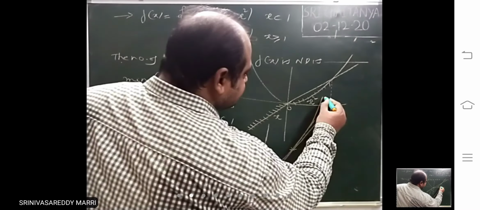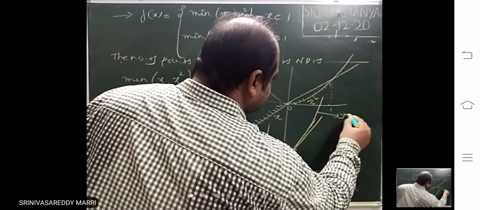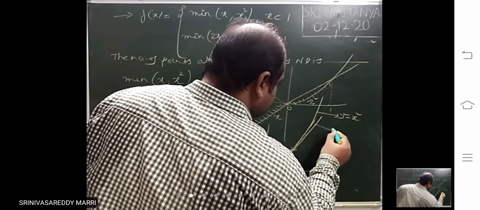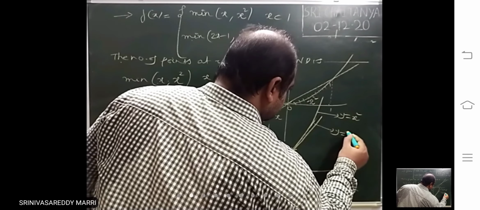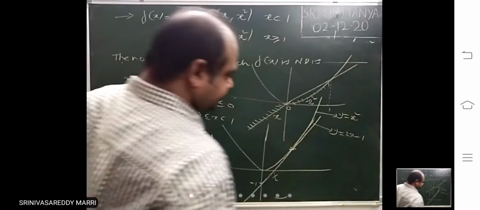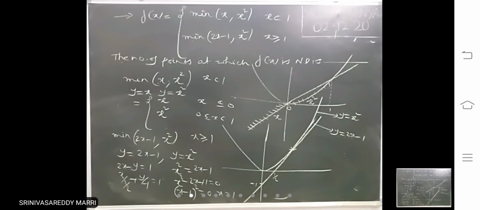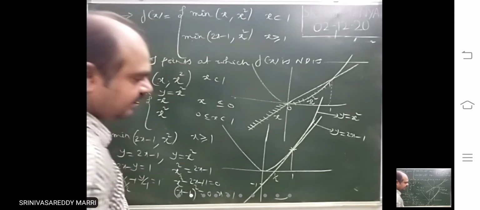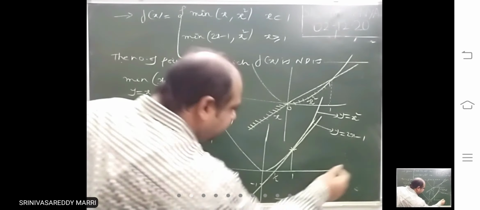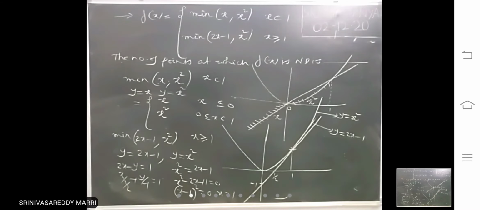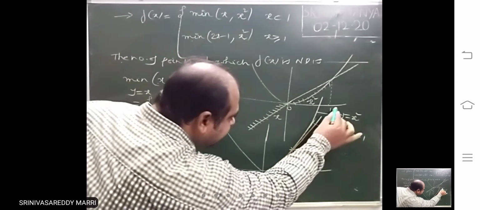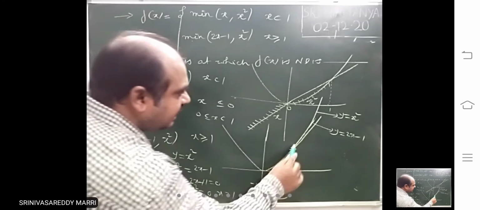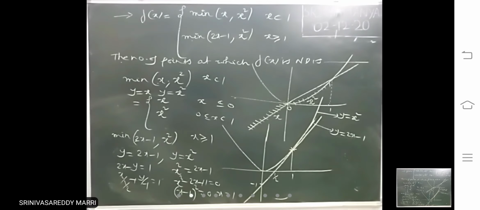So this is x square. This is intersection point 1. When x is greater than or equal to 1, this line lies below. It will not intersect again because it is touching at only one point.